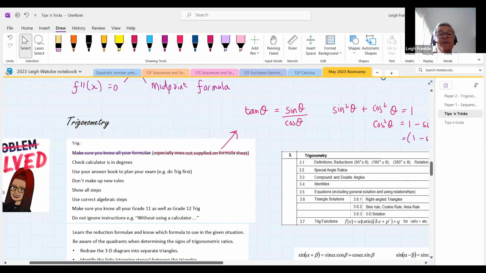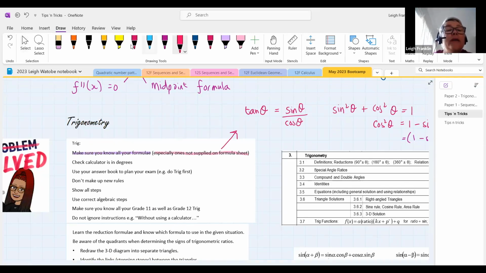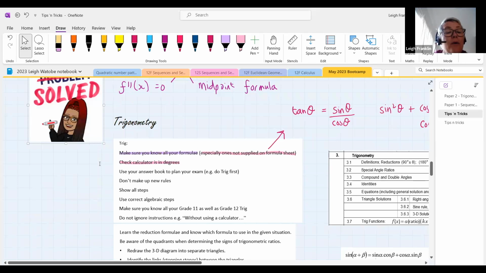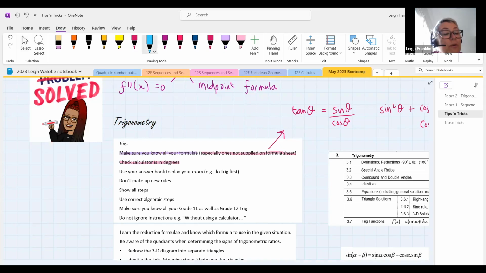Okay, the other thing that is important when you're working with trig is check that your calculator is in degrees. Okay, if you work in radians, you are going to get completely the wrong answer. If you have got a Casio calculator, you can do this. Let's just move Yolanda out the way. All right, so on a Casio calculator, most of us have got Casios.